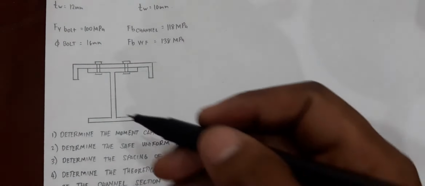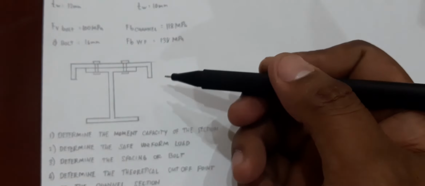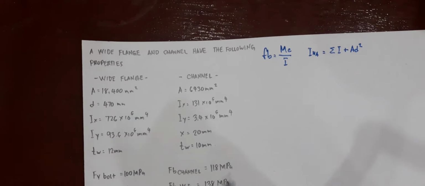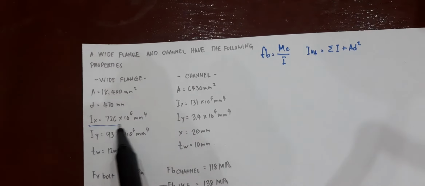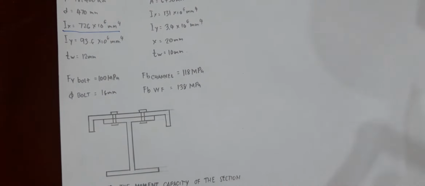Now, since we are dealing with bending stress, which is about the strong direction of your wide flange, basically, we will be making use of the strong direction for the wide flange, IX. What about for the channel section? What are we going to use for the channel section?